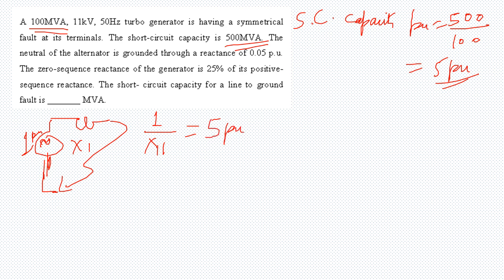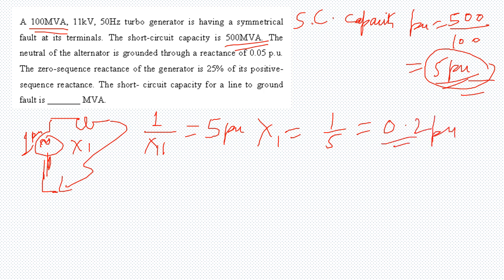This 5 per unit is the current, or this is the power also. So if I calculate x1 from here, I get 1 by 5, and this will give me 0.2 per unit. So now the positive sequence impedance is known to us, that is x1 is 0.2 per unit.